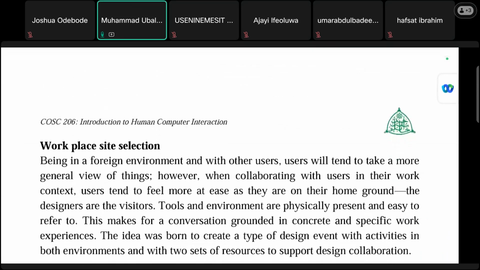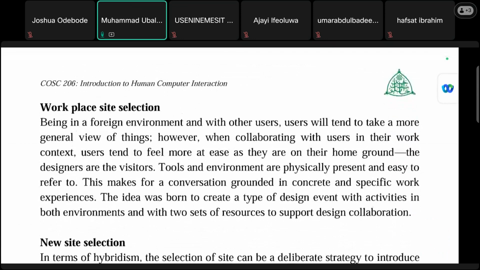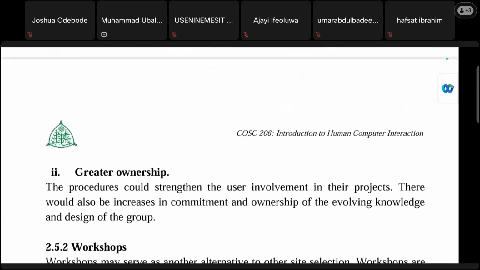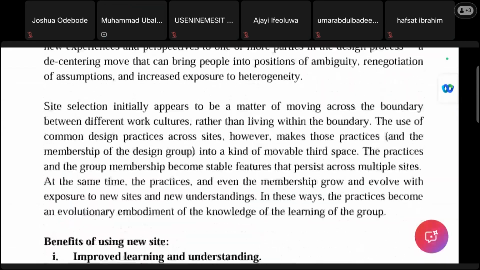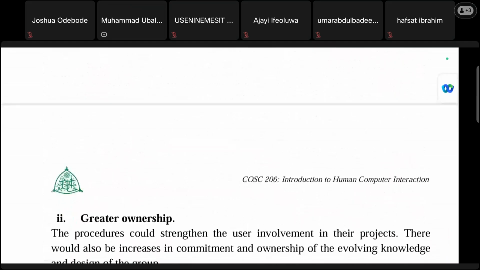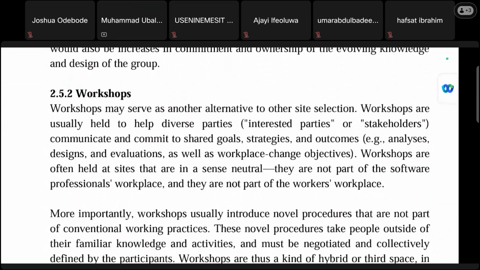Now, next is workshop. Workshop is another participatory design technique that collaborates through various techniques.